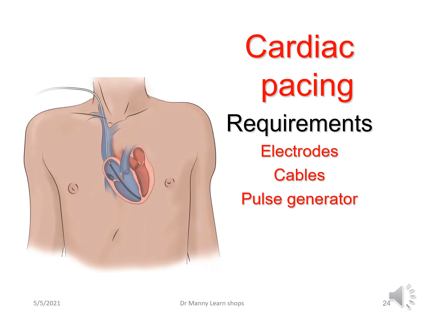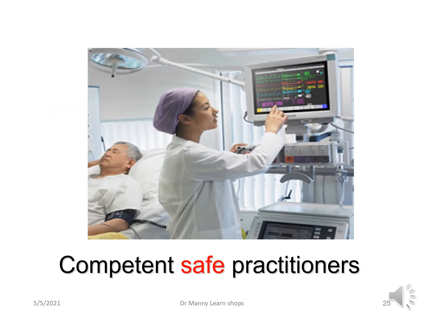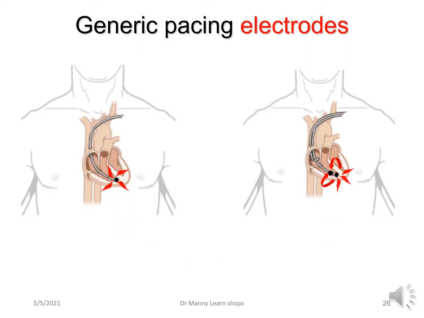When we look at the cardiac pacing requirements, they are essentially electrodes, cables, and a pulse generator. As with all practices, we need competent, safe practitioners first. When it comes to pacing electrodes, generic pacing electrodes consist of unipolar and bipolar.